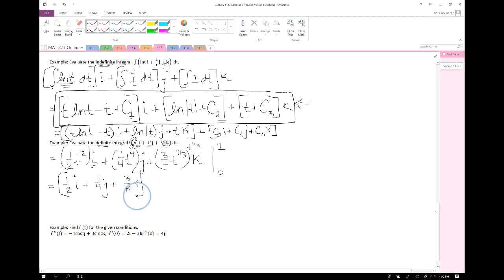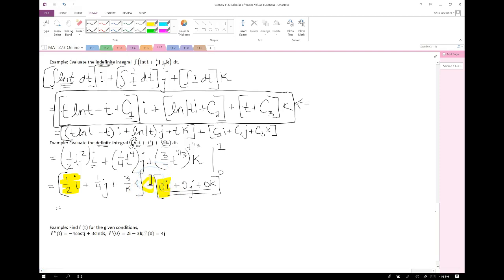when I plug in 1. When I plug in 0, I get 0i, 0j, and 0k. So we're really not subtracting anything. But if we needed to, remember we can perform addition and subtraction component-wise as well. So you could take the i component here, the i component here, and combine them with the subtraction.